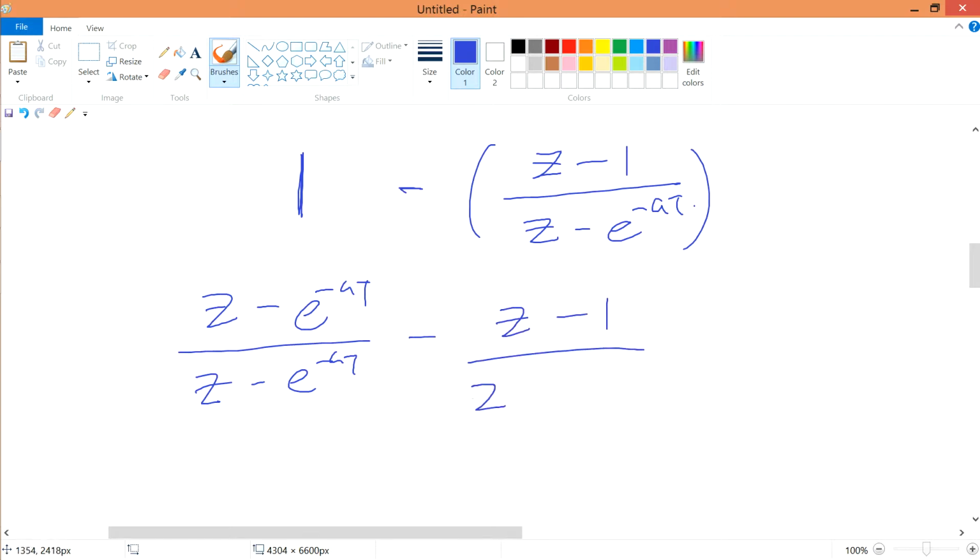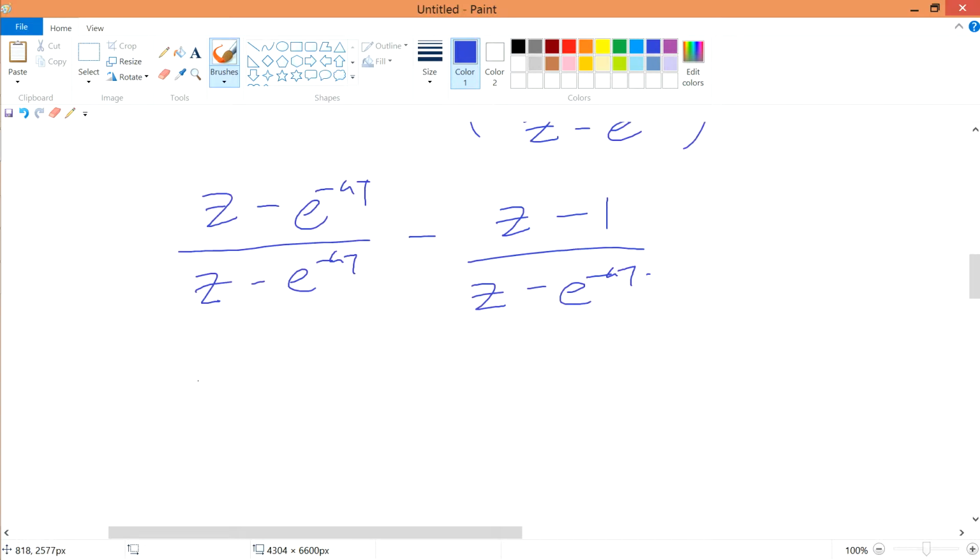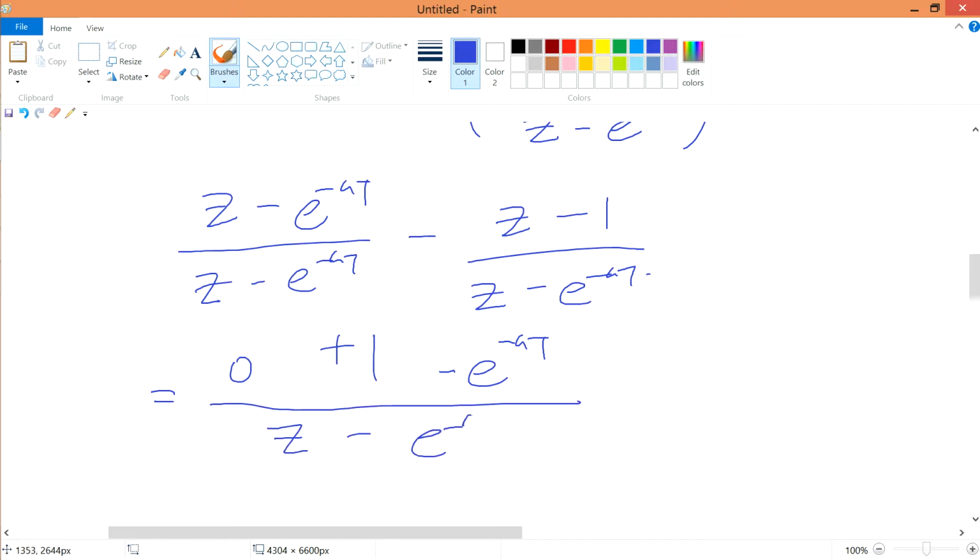I'll have this denominator, and then next this z minus z is equal to 0, minus e to the minus aT. I'll just write it at the back first. Minus 1, I'll have 1 over here plus 1, divided by z minus e to the minus aT. So I'll just simply remove the 0 and the plus sign, and move it over here.